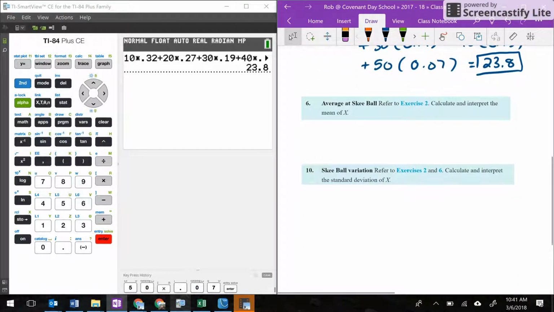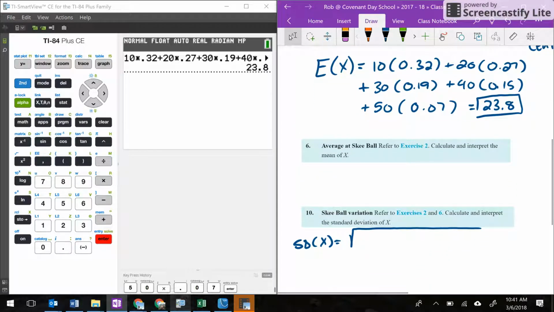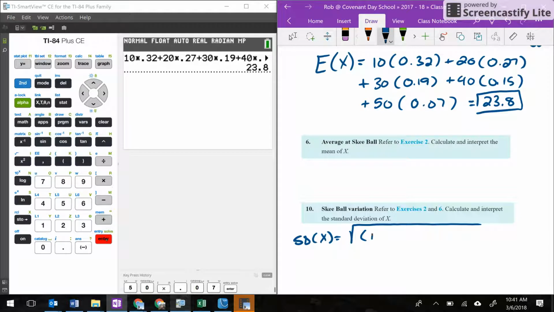Now to get the standard deviation, I'm going to be finding a very large square root. So I'm going to take what can happen, 10 minus the mean squared, and multiply it by its probability. The probability of getting 10 was 0.32.